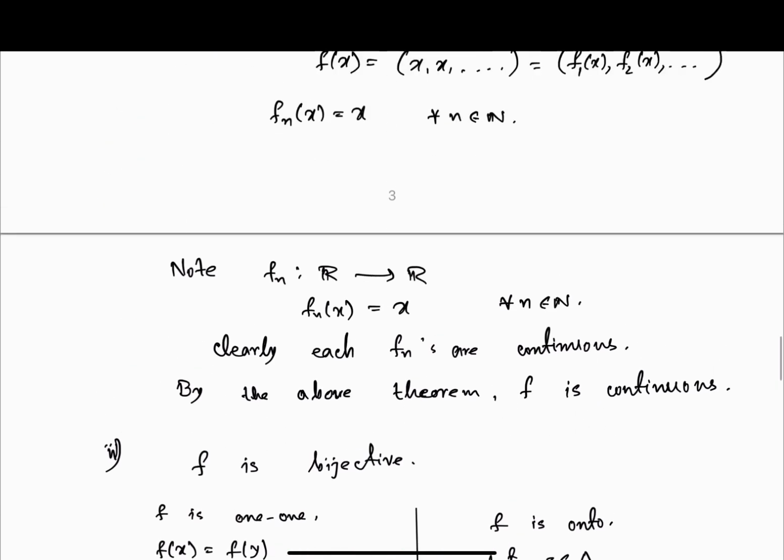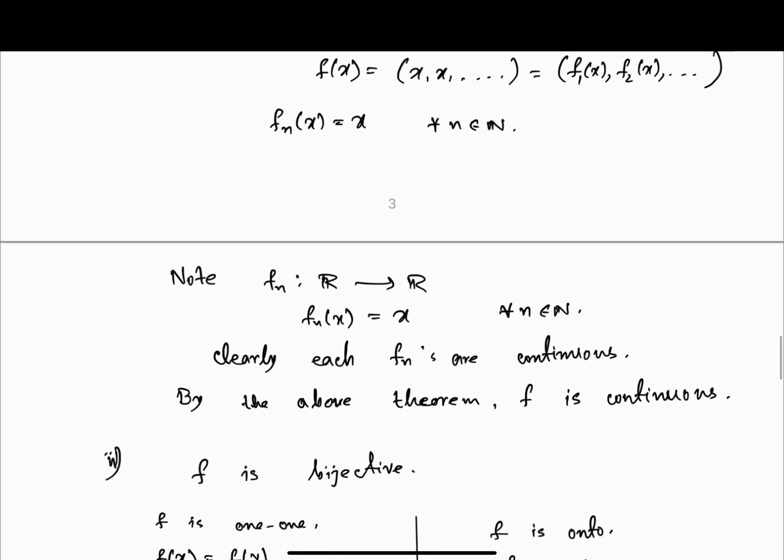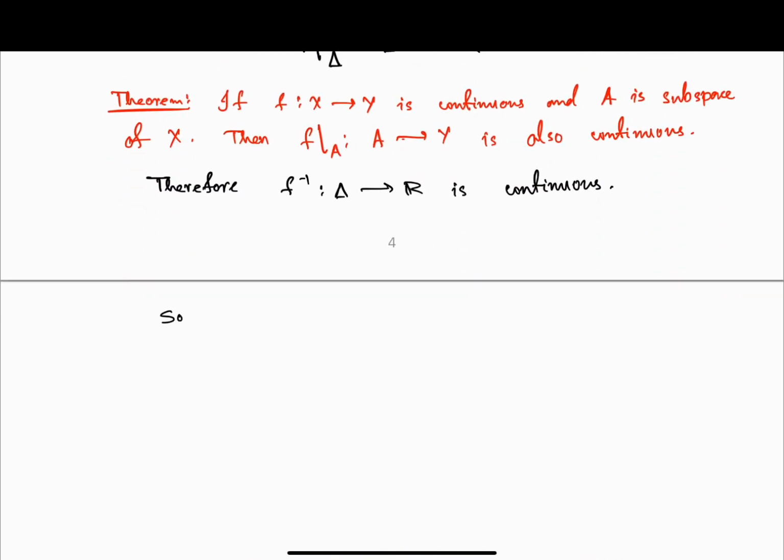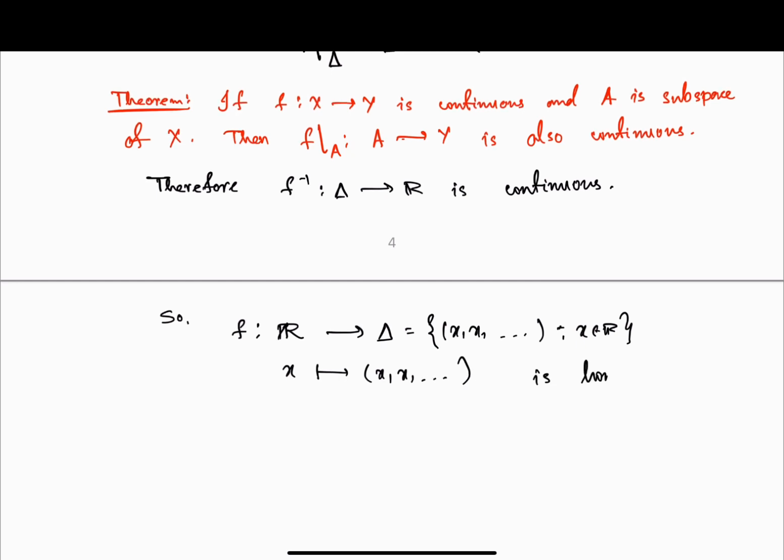So we have got that f is continuous, f is bijective, and f inverse is also continuous. So f from R to delta, x goes to (x, x, ...), is a homeomorphism.